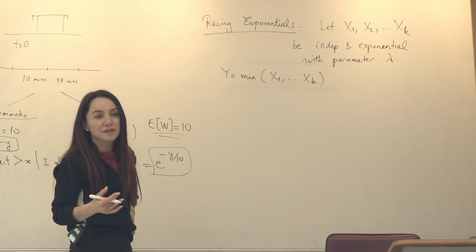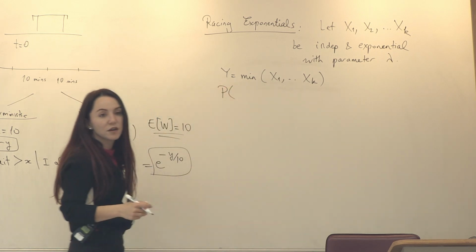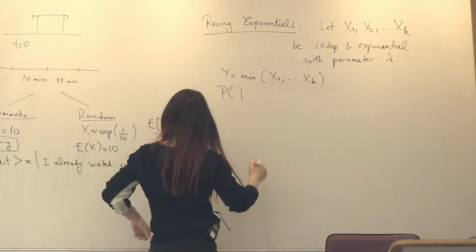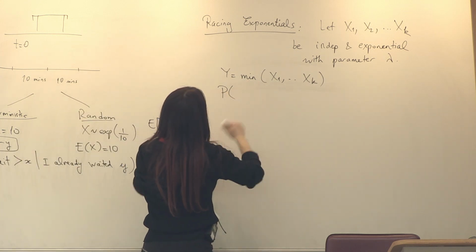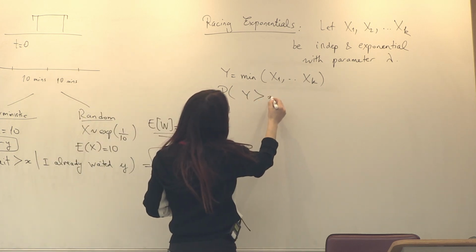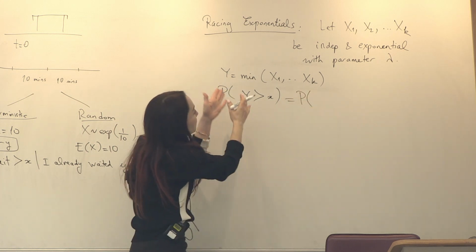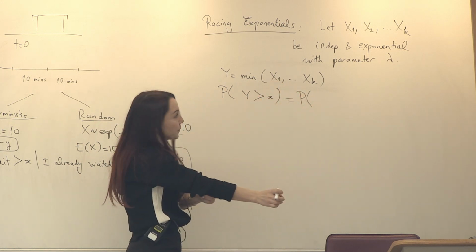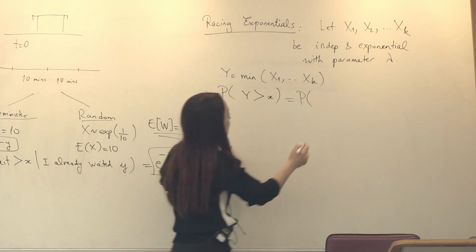This is going to be handled easiest when we write again the complementary distribution function of y. The probability that y is larger than some value, small x, is equal to the probability, well, for the minimum to be larger than x, all of the individual xi's must be larger, right?